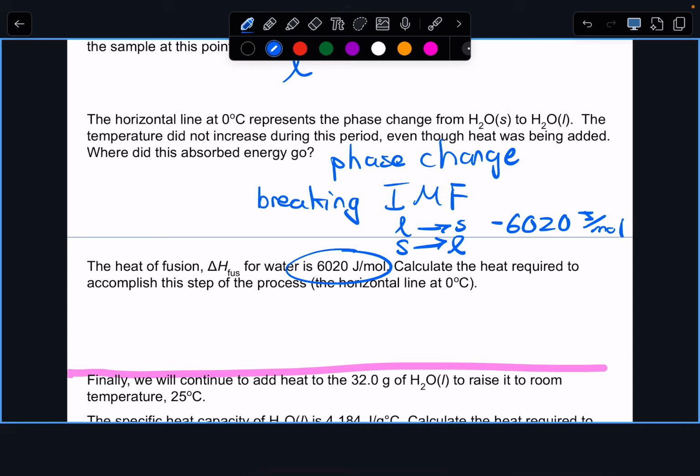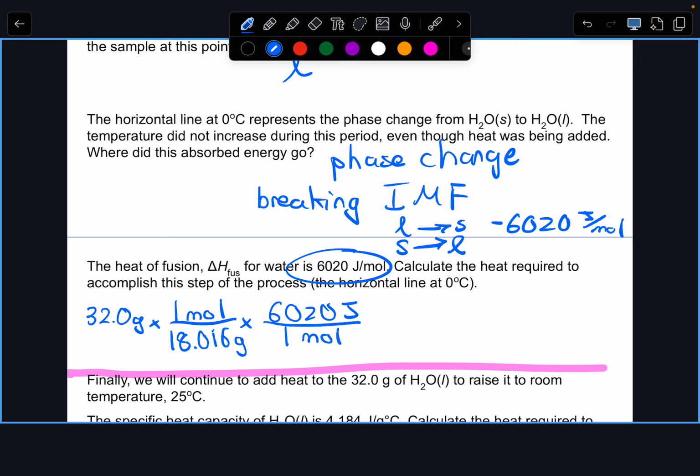All right, so this one, calculate the heat required to accomplish the step. That's the horizontal line, the phase change. So we had 32 grams, but this is joules per mole. So I'm going to have to go ahead and convert that into moles, and then I can use that heat of fusion.